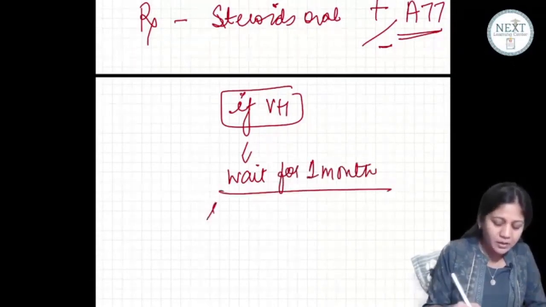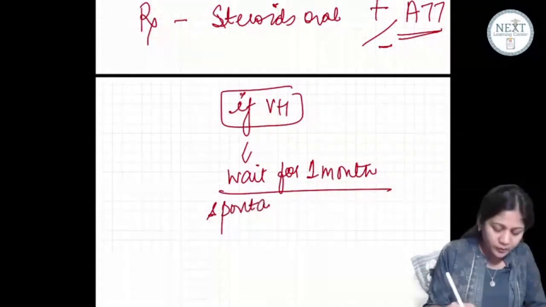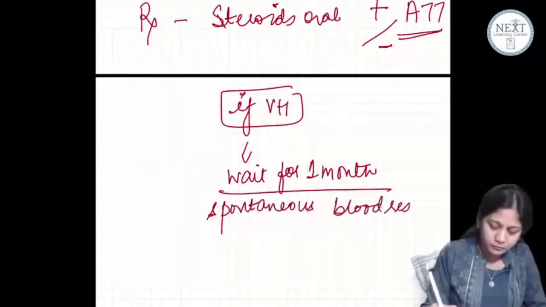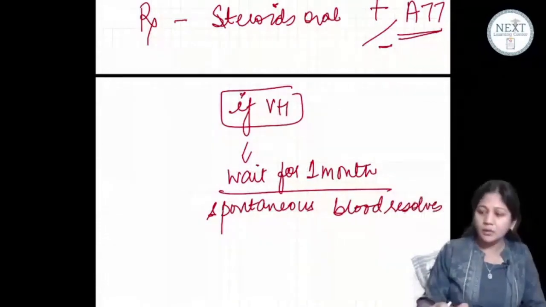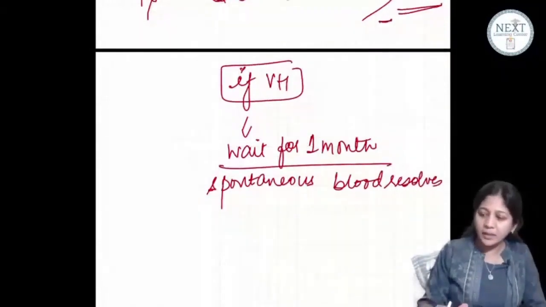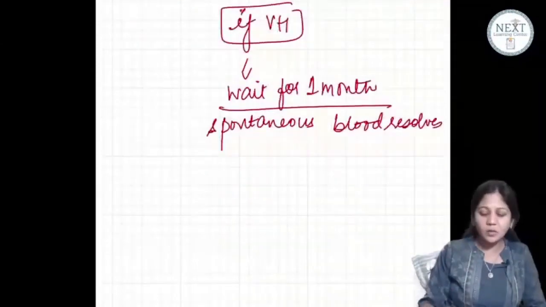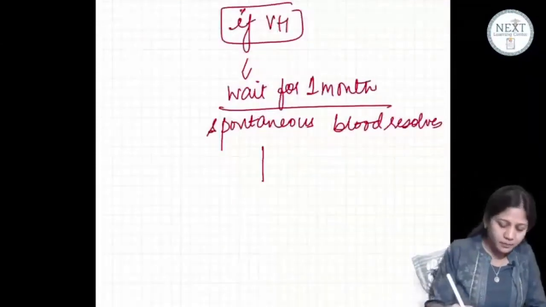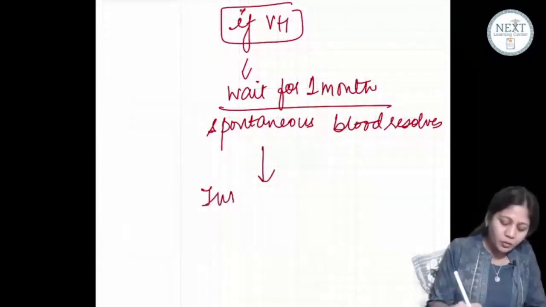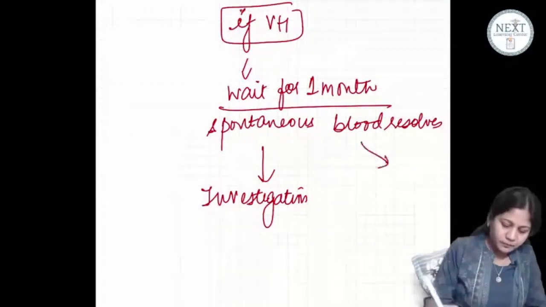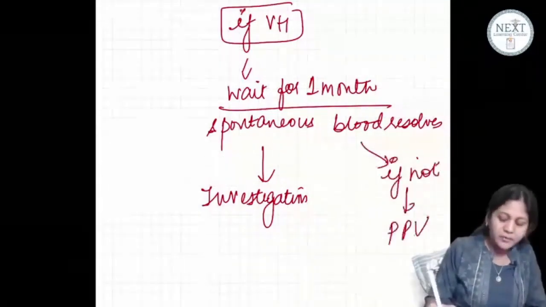Most of the time there is a spontaneous fluid resolution. Mostly it is 1 month. Don't wait longer. If the blood is not absorbing, then you do a surgery. And then you do investigations. If not absorbed, then you do a pars plana vitrectomy.